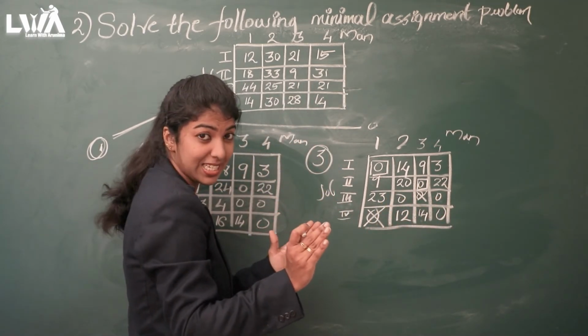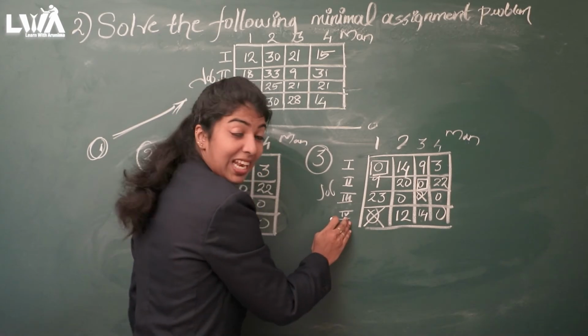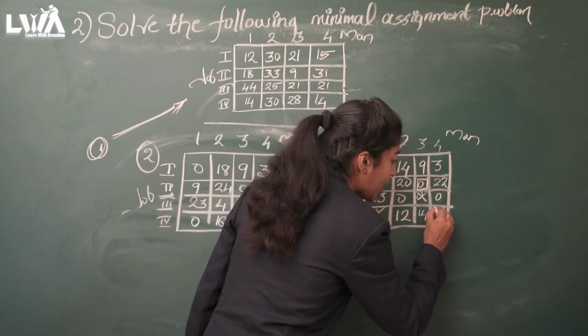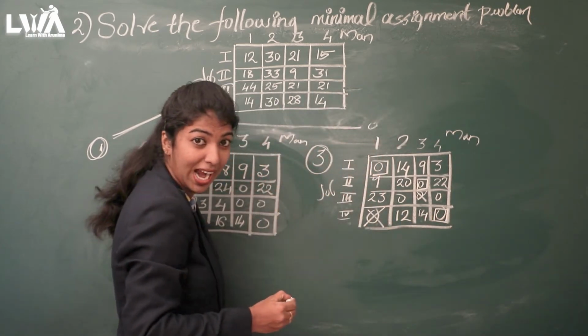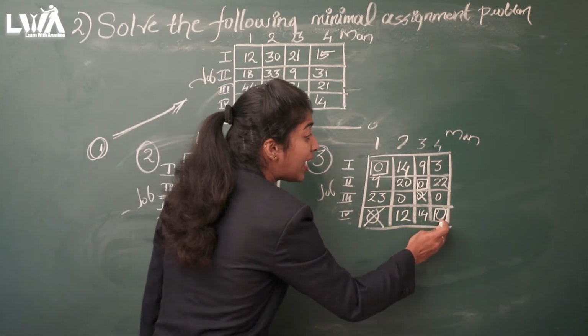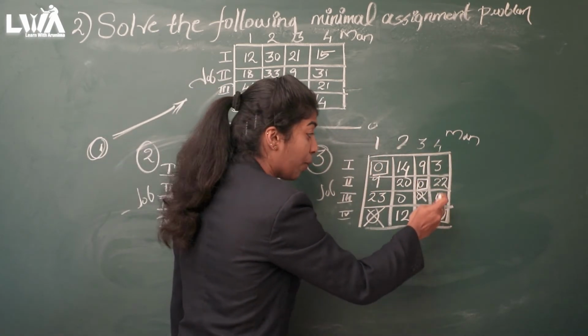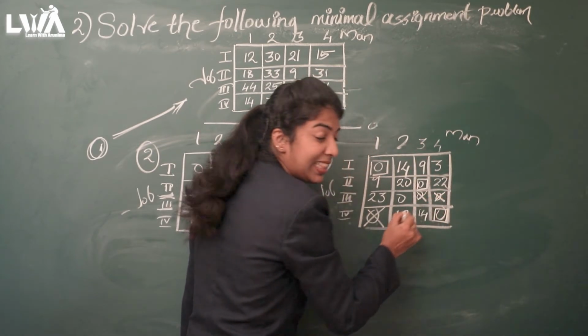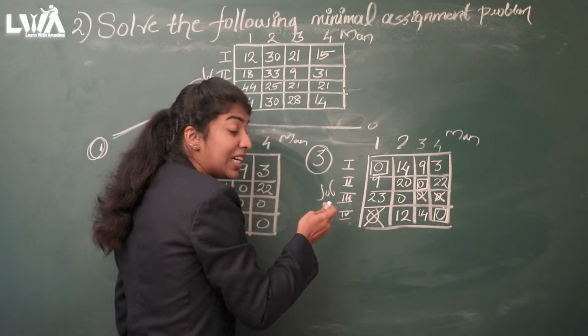Just keep it as such. Just analyze the fourth row. In the fourth row, we got 1, 0, right? It is marked, but in that corresponding column, one more 0 is existing. We can eliminate that. Now we can do the earlier step.